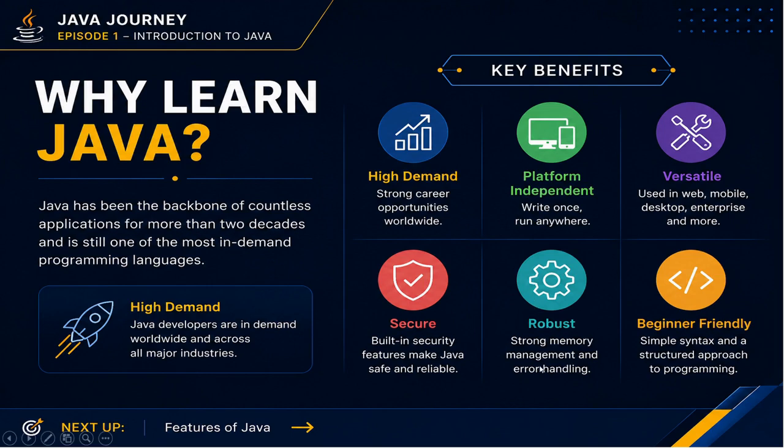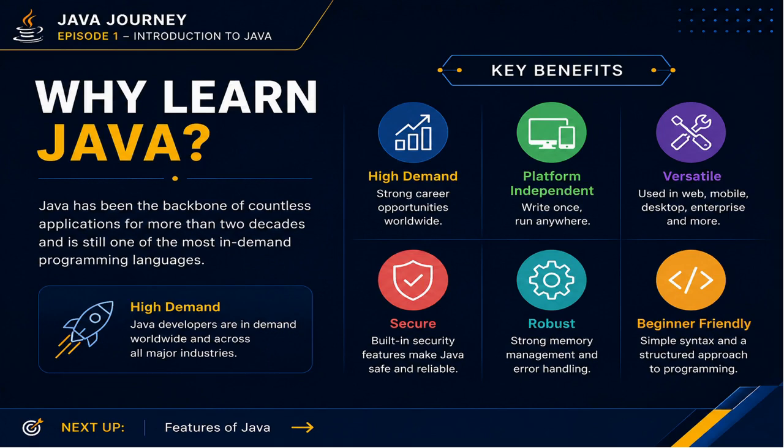Third, it is robust. That means Java handles errors efficiently and provides stability. Another reason is scalability. Java applications can grow from small programs to huge enterprise systems. Java also has a massive community, so whenever you face problems, you can easily find solutions online.